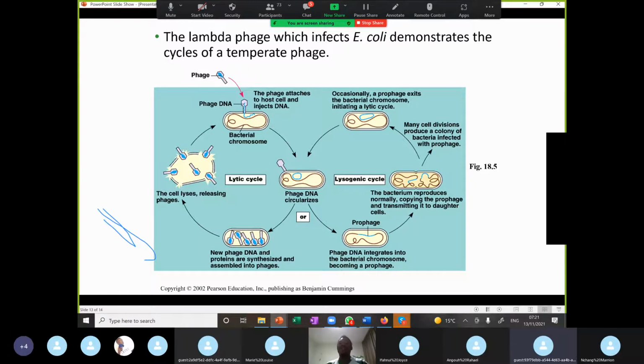So as the host DNA replicates itself, it also replicates the viral DNA strand that is incorporated into its own DNA. So if it replicates itself 100 times, the viral DNA would have been replicated 100 times as well.